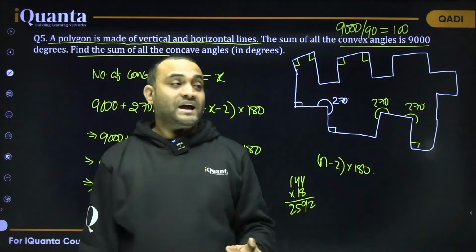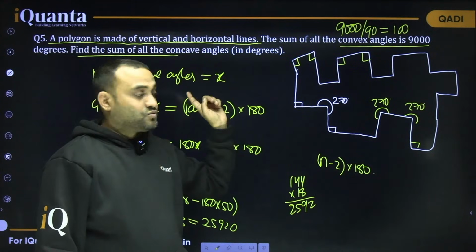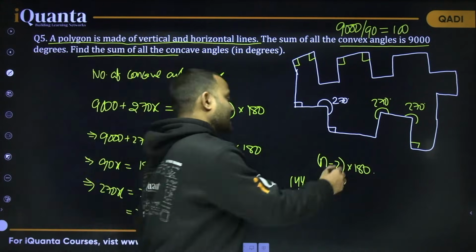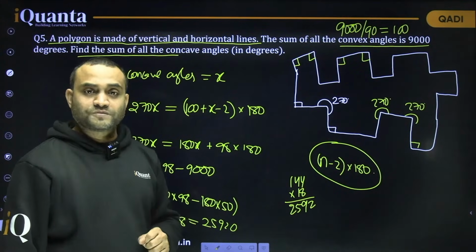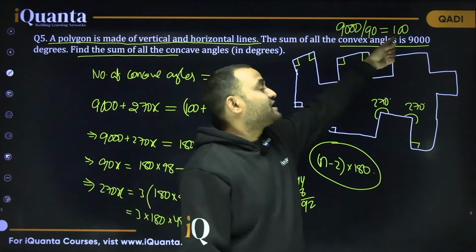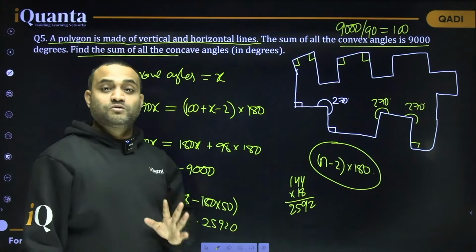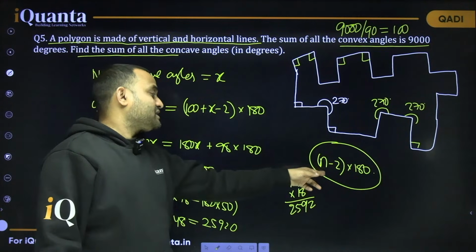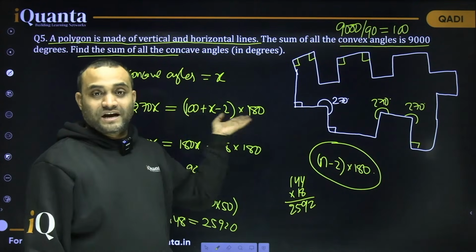For the rest of the x vertices, the angle will be 270 degrees. So, what is the sum of all the interior angles? N minus 2 into 180. Total number of sides is equal to total number of vertices. 100 vertices here, x here. So 100 plus x is the total number of vertices. So 100 plus x minus 2 into 180 degrees. This will be the sum of all interior angles.